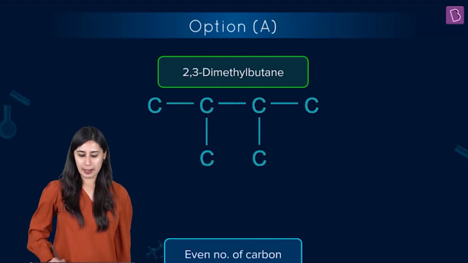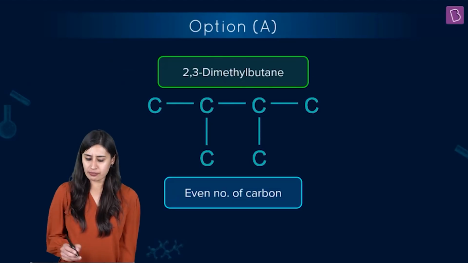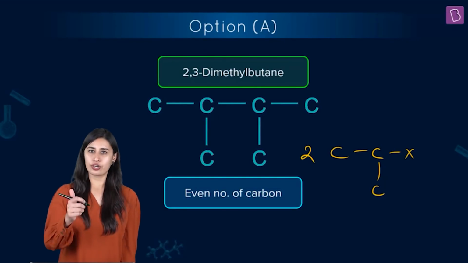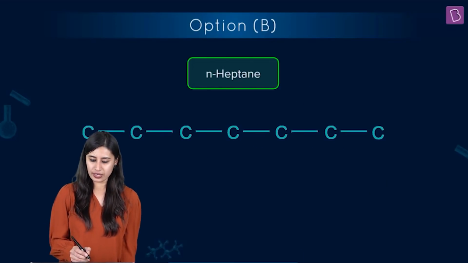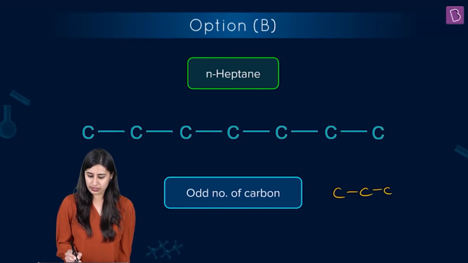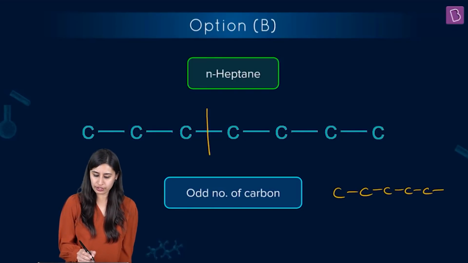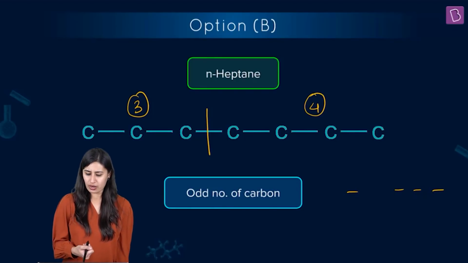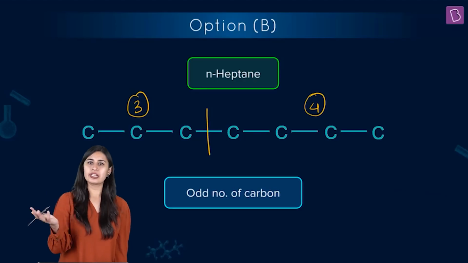So option A is something that can be formed from an even number of carbons. If you take 2 moles of this, you're good to go. The second one, you can imagine 7 carbons. So you have to take, let's say, a 3 and a 4 combination, or many other possibilities out here.